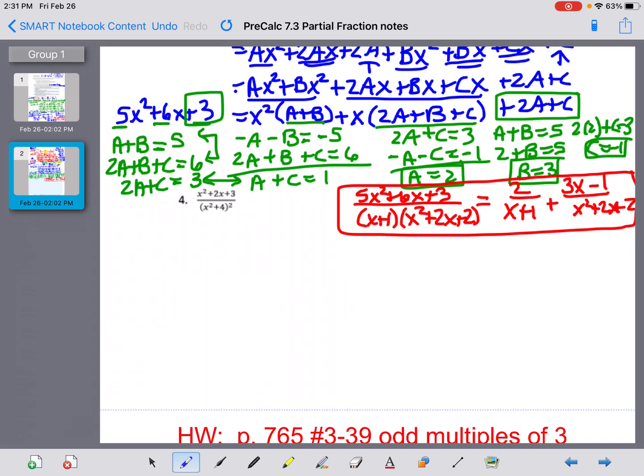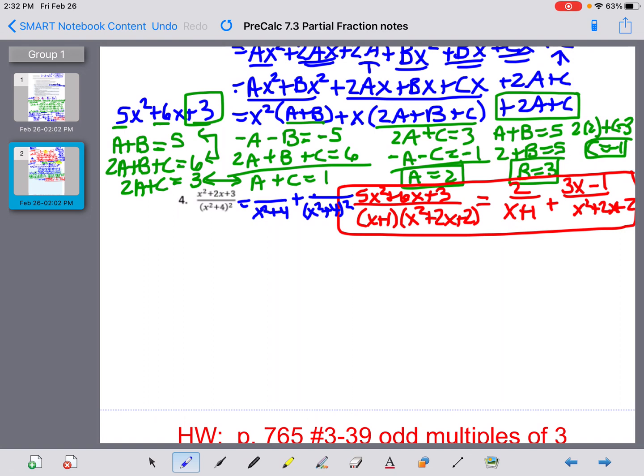Notice on this one, I once again have a quadratic of x squared plus 4, but it's repeated, okay? Because that whole quantity is squared. That means maybe it's just once, and then it's definitely twice, okay? So that means I break this down into an x squared plus 4 and an x squared plus 4 squared, okay?